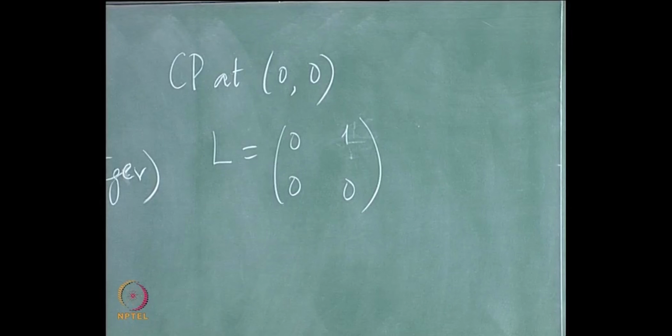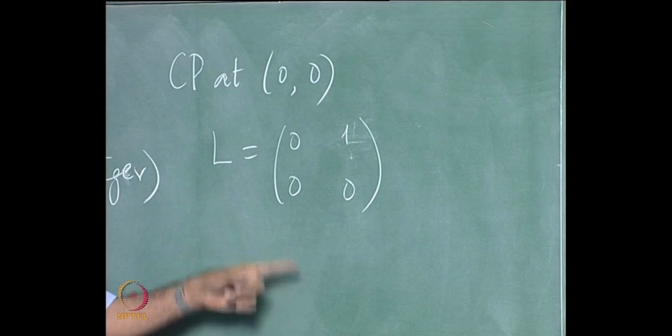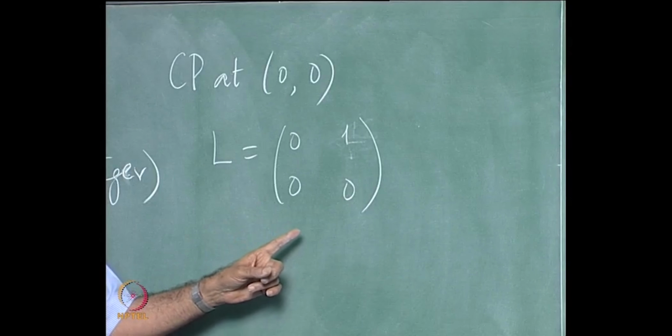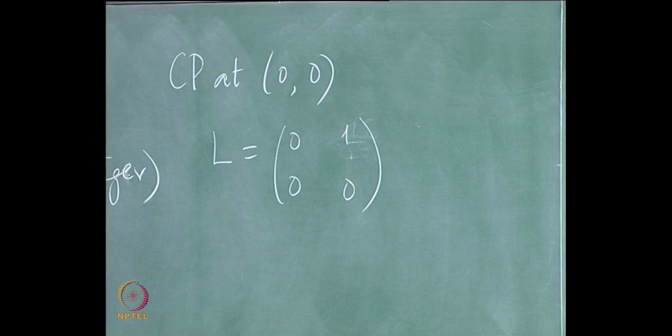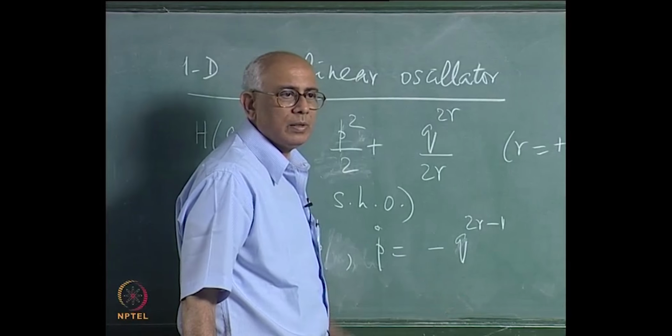What would you say are the eigenvalues of that? 0 and 0, for any triangular matrix the eigenvalues sit on the diagonals. So this is in fact a degenerate case. We are not able to decide if the origin is a center or some other kind of critical point based on linearization, simply because the system is degenerate, the critical point is degenerate.